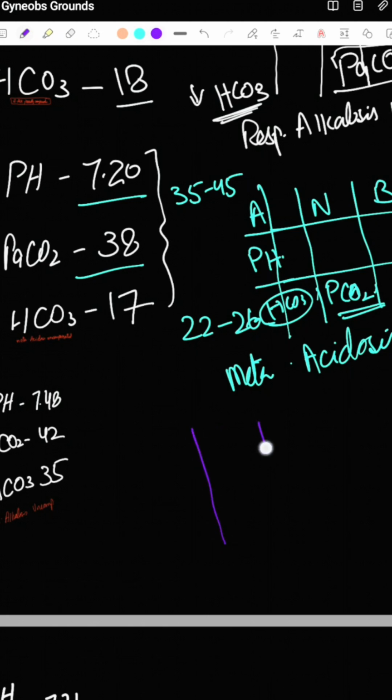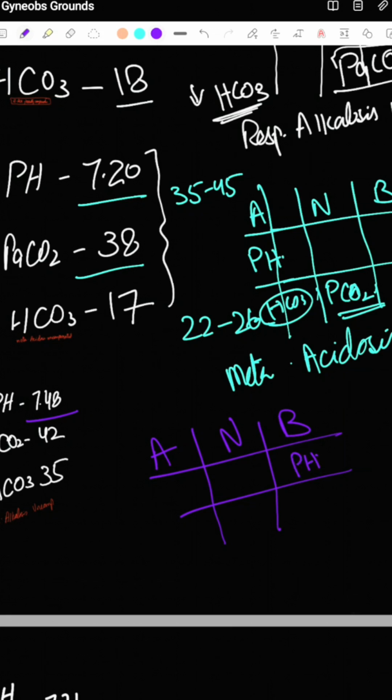Again we are going to make our grid. Here it will be acid, here it is normal, and here it is the base. Now the pH is 7.48, which is more than 7.45, so it is basic. PaCO2 between 35 and 45 is normal, so PaCO2 is normal.